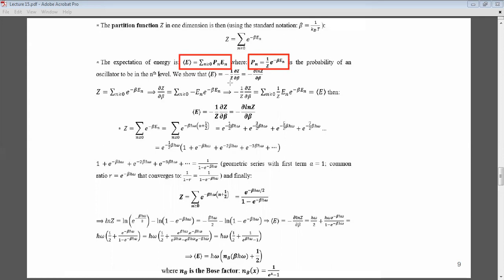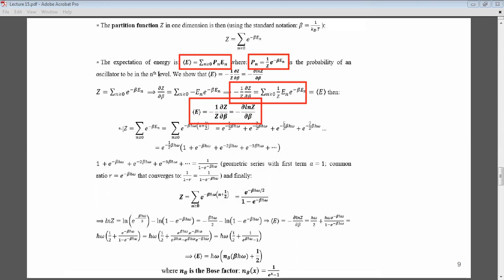We found that minus 1 over Z del Z by del beta is the summation of 1 over Z e to the minus beta En, which is this thing over here, times En. So this is nothing but the summation over n of Pn En. So indeed, the expectation value of E is minus del ln Z by del beta.